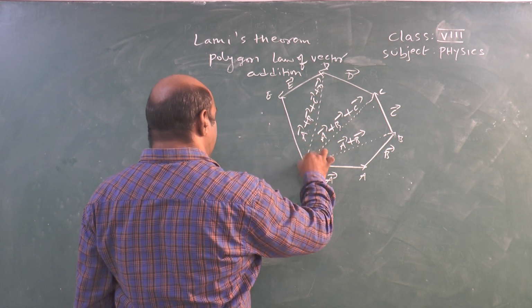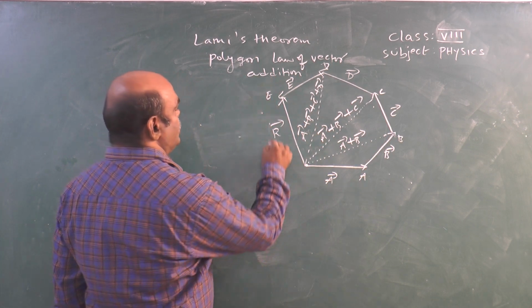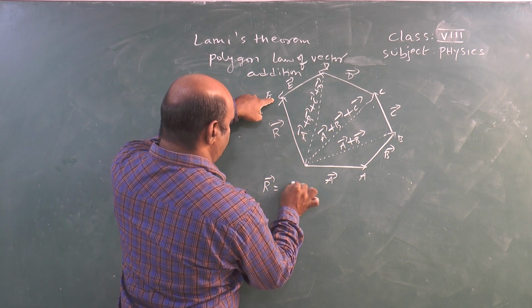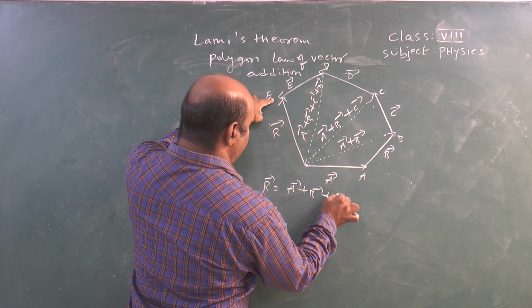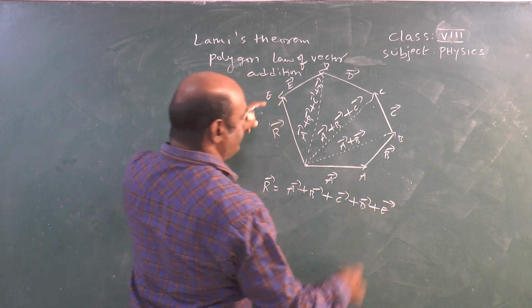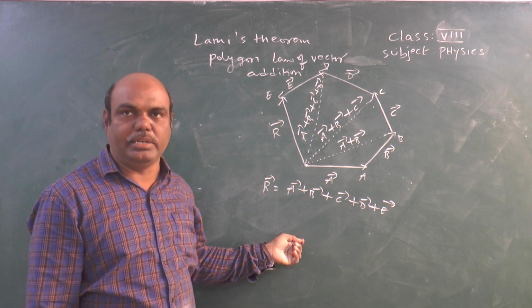Now here this represents the resultant of these vectors. So what is this resultant? R bar is equal to A bar plus B bar plus C bar plus D bar plus E bar. So this is called the polygon law of vector addition.